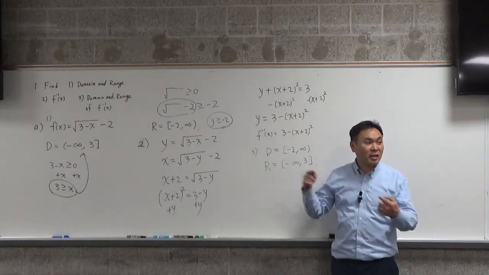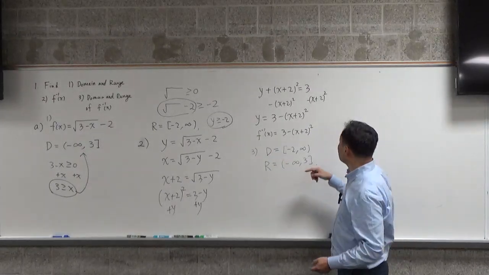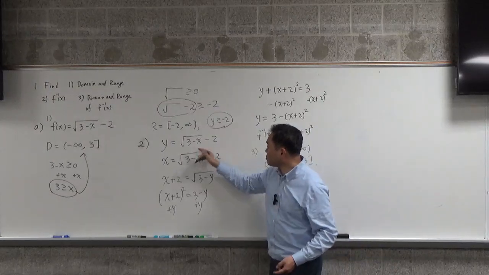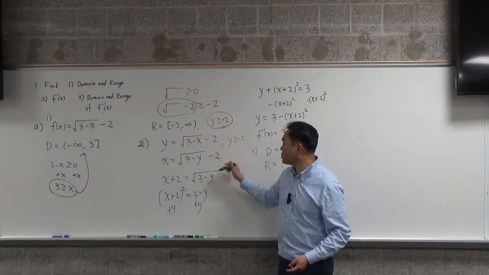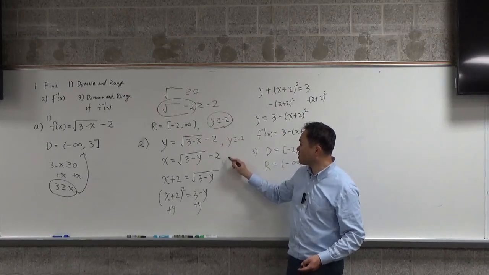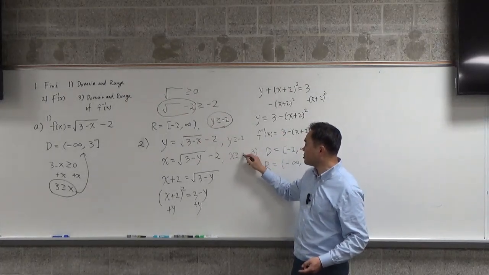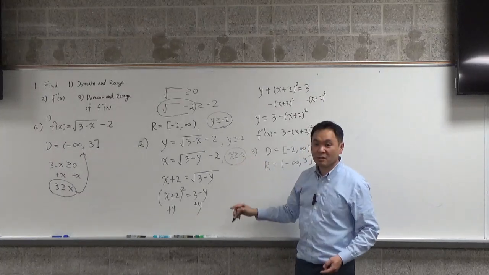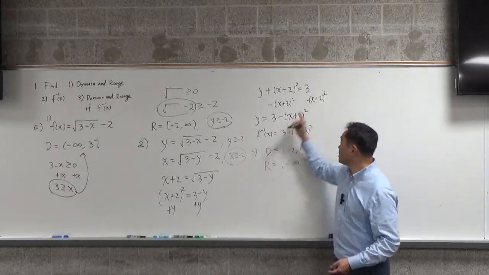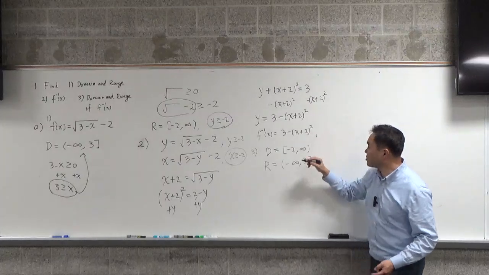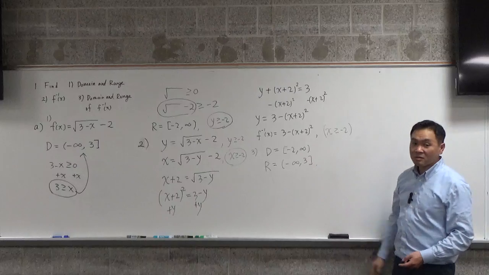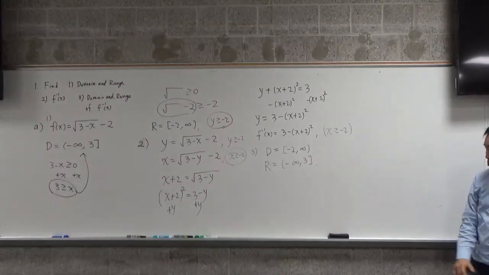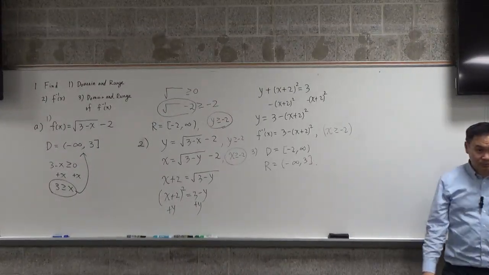And since x and y are interchanged, you take this one with y greater than negative 2, and you switch x and y, and now the condition is x greater than negative 2. And that condition is secretly passed down here, so there's a secret condition here. That's why the domain is like that.